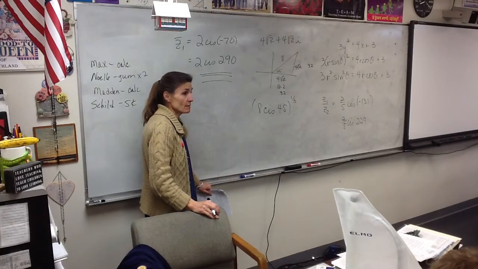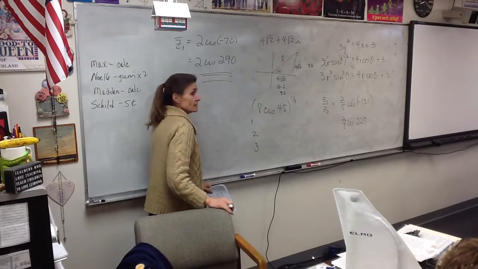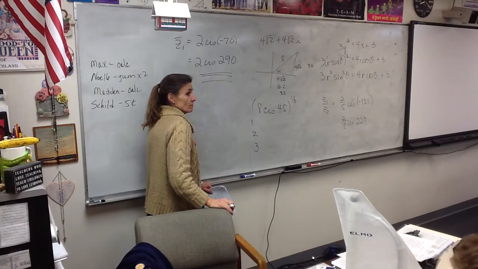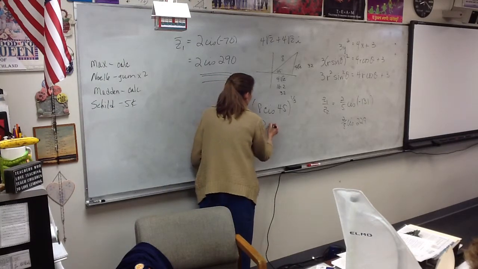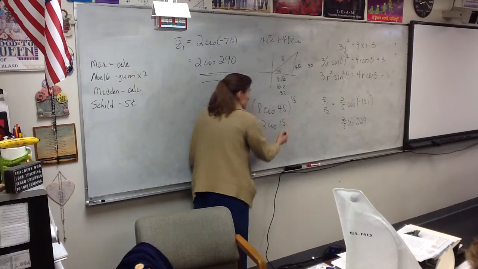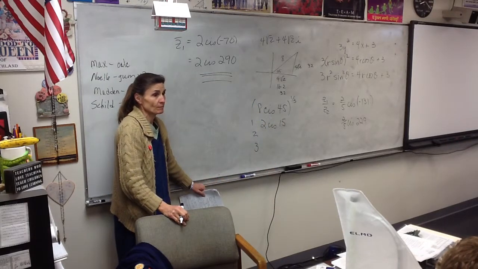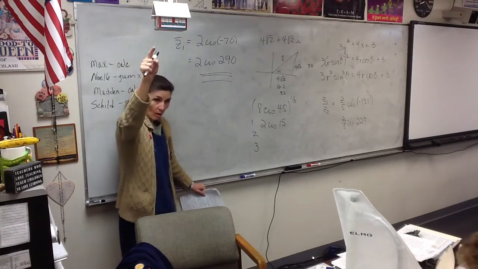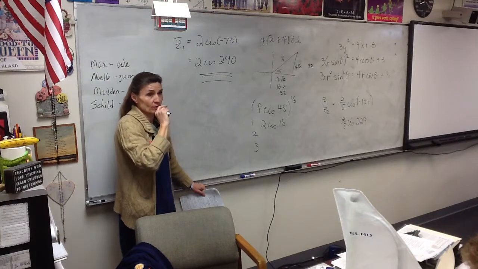How many will there be? 3. How far apart will they be? 120, always. What's the first one? 2 cis 15. How did I get that first answer? 8 to the 1/3, 45 times a third.